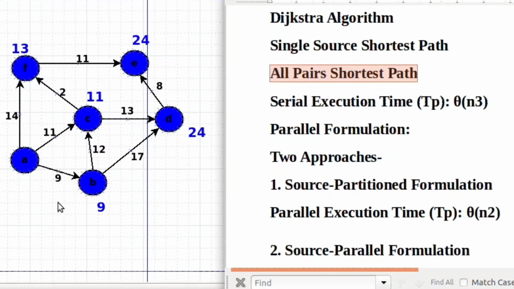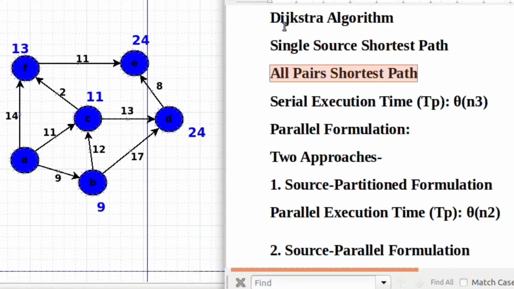Then we will apply Dijkstra algorithm for this vertex, and then for this one, and then for this vertex, each time finding the shortest path to all the other vertices. So if we apply Dijkstra algorithm on all the vertices, it will become all pair shortest path.